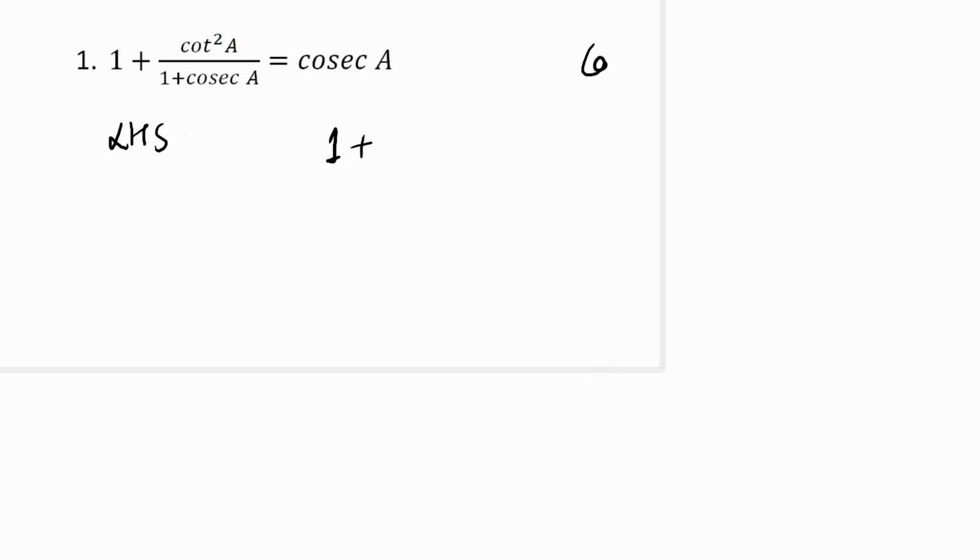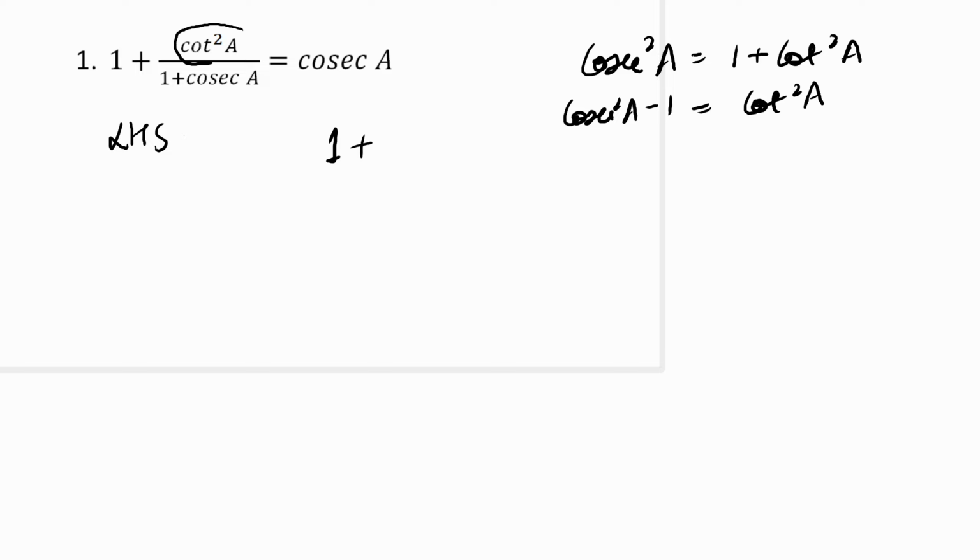We know cosec square A is equal to 1 plus cot square A. So from that we can write cot square A is equal to cosec square A minus 1.